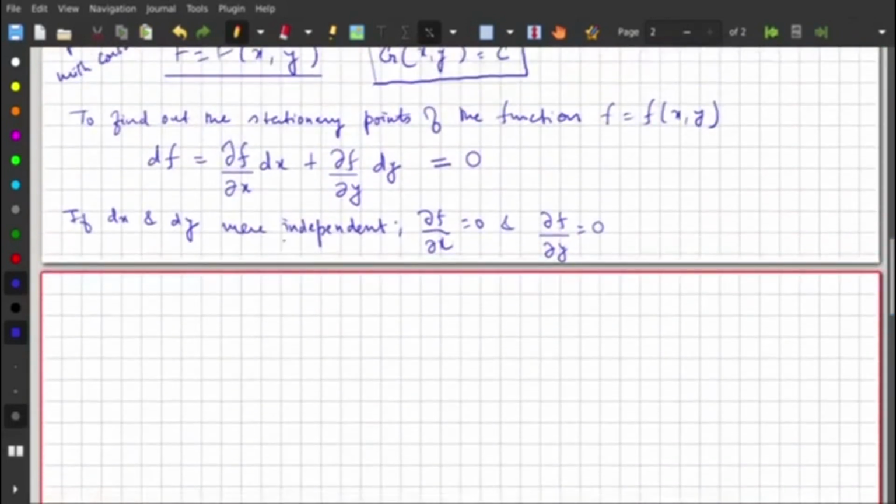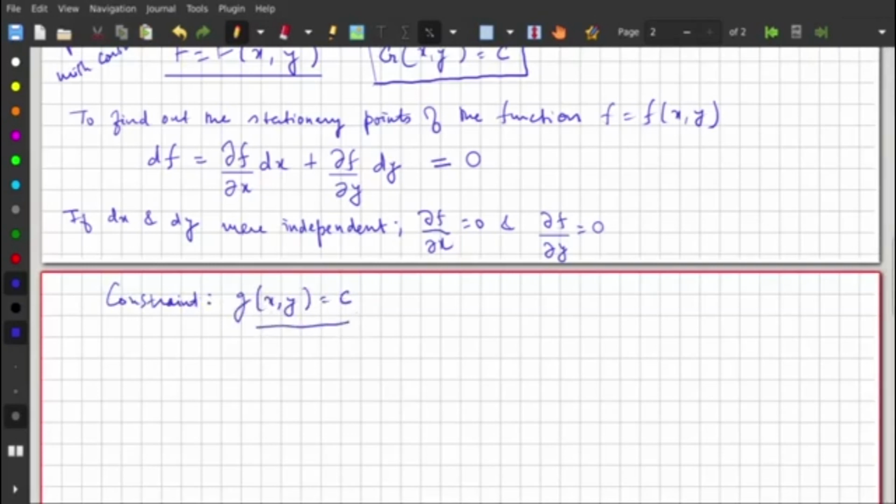But now let's say we have a constraint that is given by g of x comma y equals c. Given this constraint, there is a definite relationship between x and y.